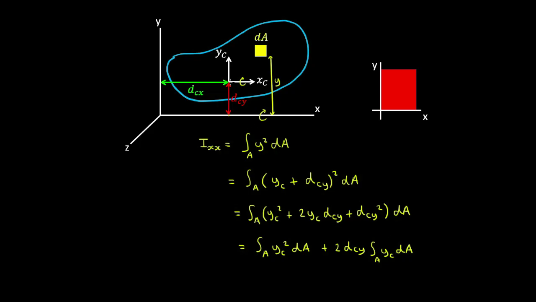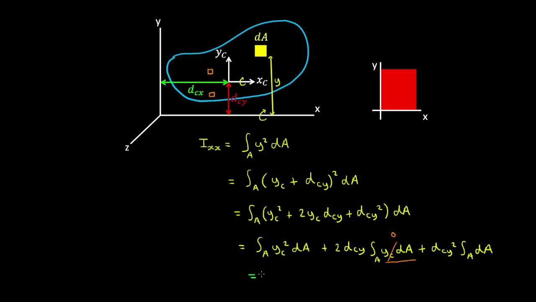And note that dcy is constant, so we took it outside the integral. And then we have plus dcy squared, taken out of the integral, times the integral over the area of the section. Now this integral here is going to evaluate to 0 because you're going to have elements on both sides of the centroid where their first moments of area cancel.